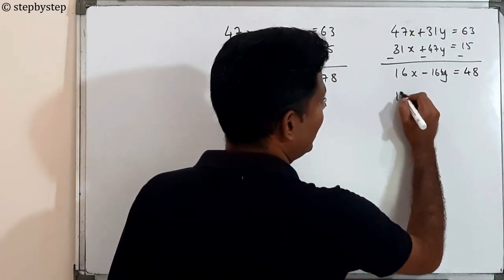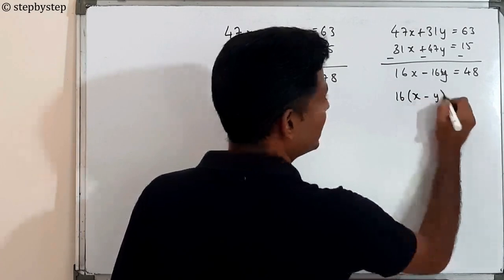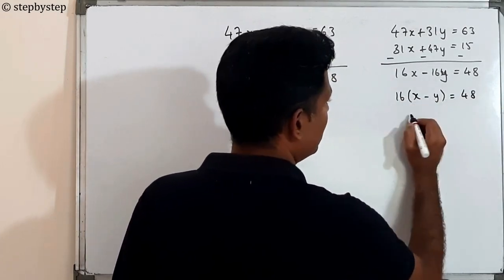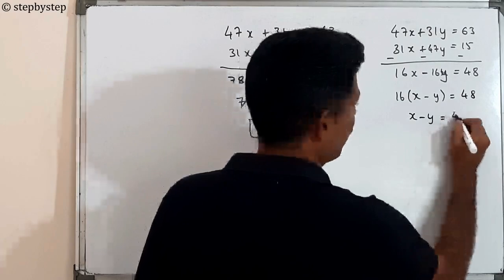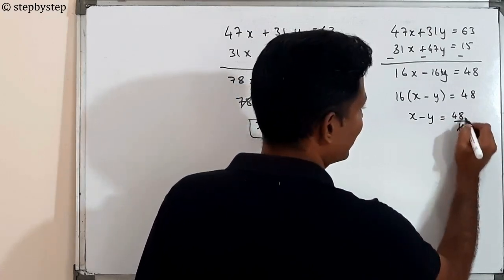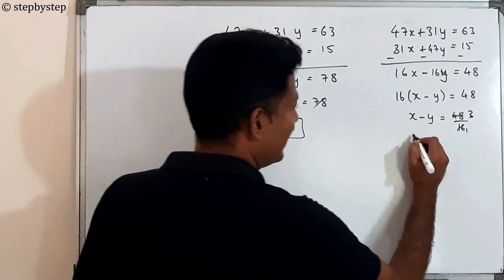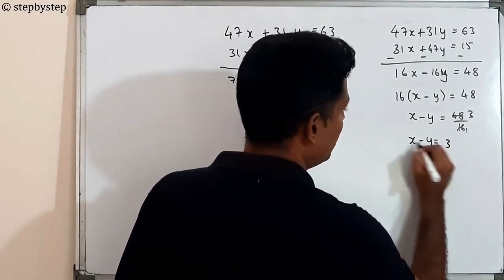Now I can take 16 common. I get 16 into (x minus y) equal to 48. So x minus y equal to 48 by 16. 16 threes are 48. So I get x minus y equal to 3.